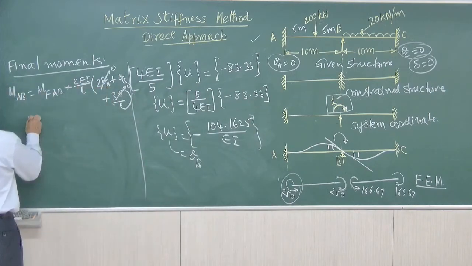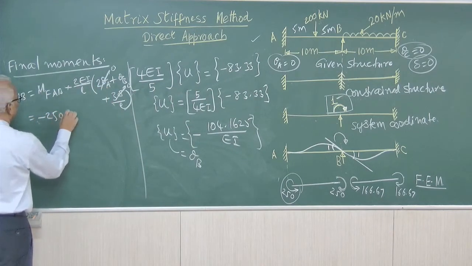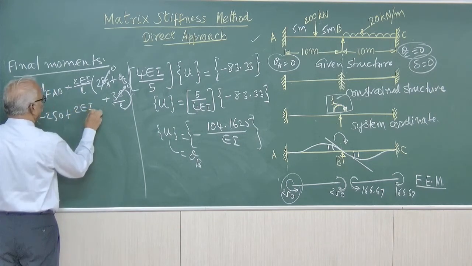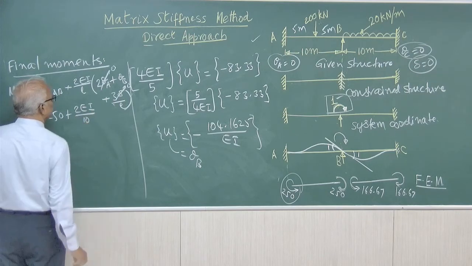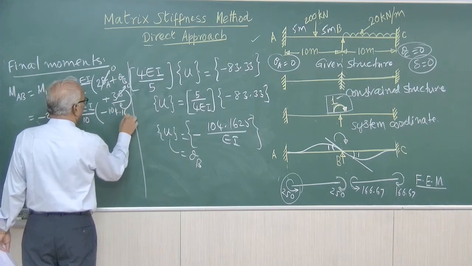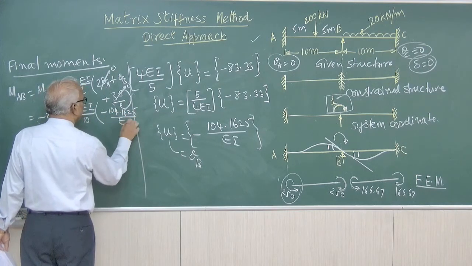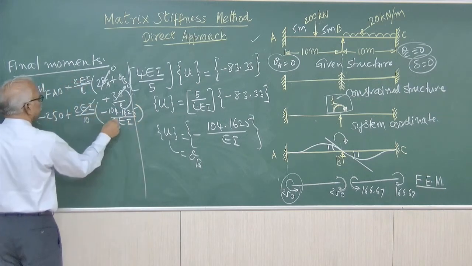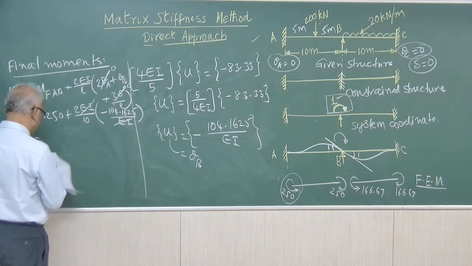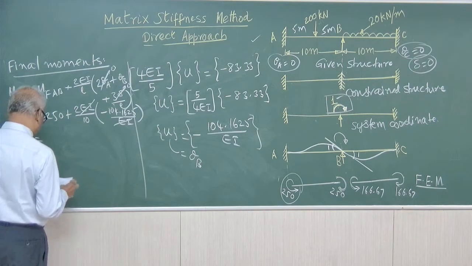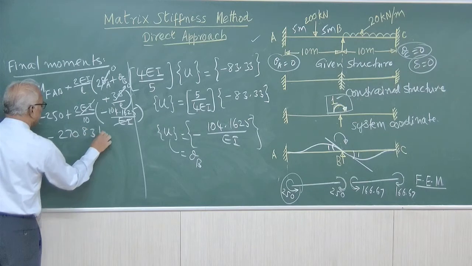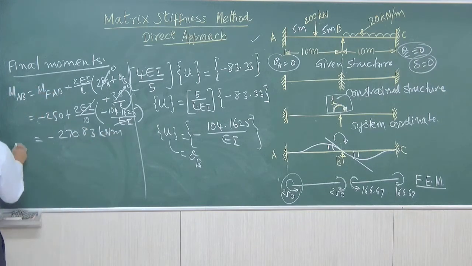M of AB equals minus 250 plus 2EI by L, I is uniform, L is 10 meters, into theta B equal to minus 104.1625 by EI. So EI will get cancelled. On simplification, this value will be minus 270.83 kilonewton meter. This is MAB.